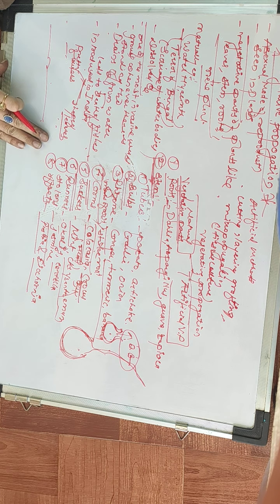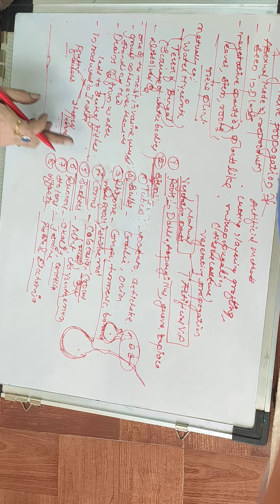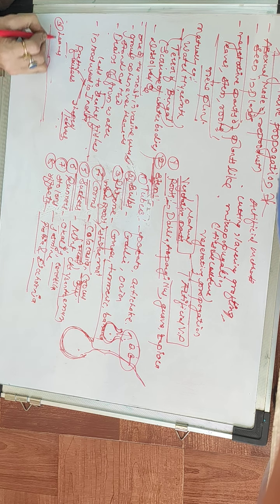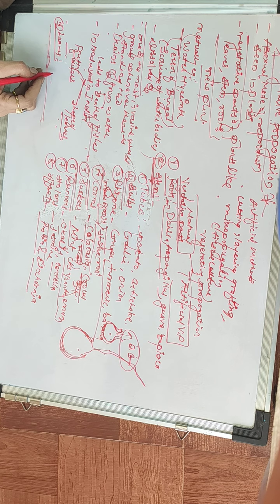Okay, after that a third vegetative part is called as leaves. We know the leaves. From these leaves, when we sow the leaves of any plant, new plants get developed, and that is known as a vegetative part.